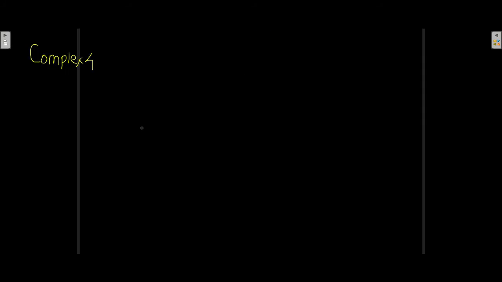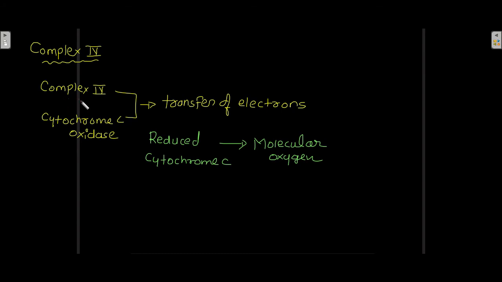So let's discuss complex 4 now. Complex 4, or cytochrome c oxidase, catalyzes the transfer of electrons from reduced cytochrome c to molecular oxygen.